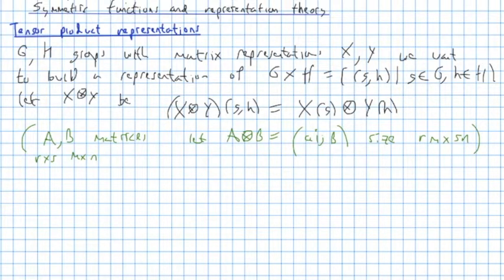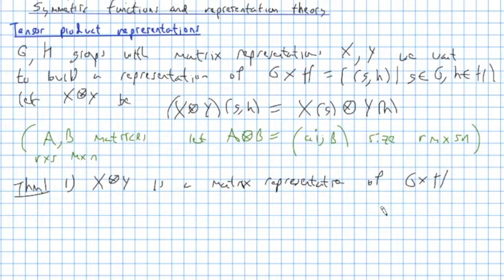So that's our first result. There are two things. First, this map from the direct product G cross H to matrices: let's check that it's a matrix representation of G cross H.